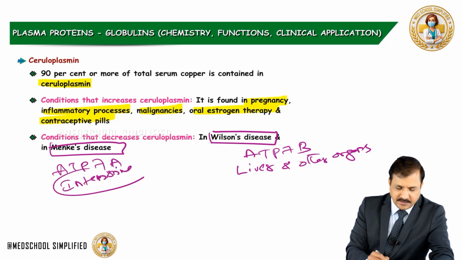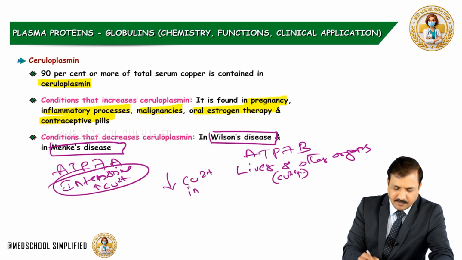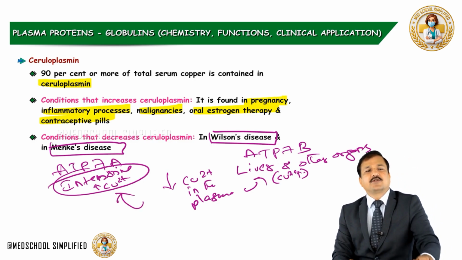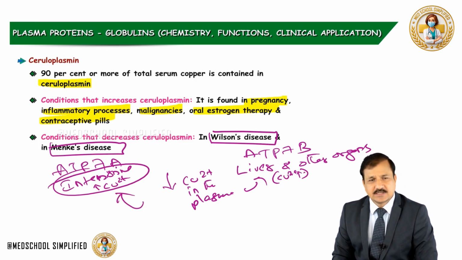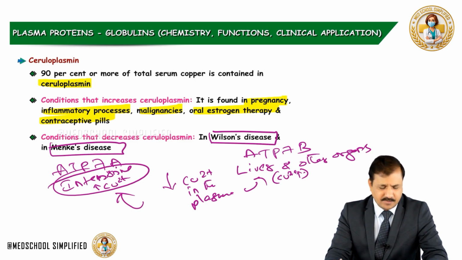So that means copper is accumulated in the intestine. So excess copper will be there in the intestine and excess copper will be there in the liver and other organs in these conditions. So that means decreased copper in the plasma and excess copper in the organs. That's what you are going to see in Wilson's disease and Menkes disease. So this is the condition that causes a decrease in ceruloplasmin.